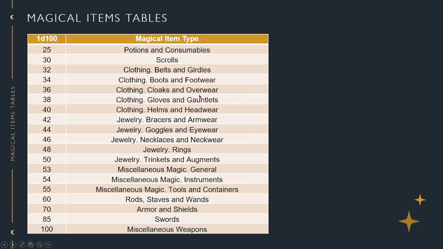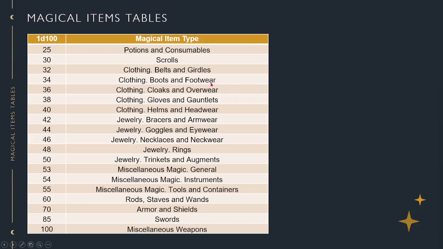And then all of this stuff here, clothing, jewelry, all the way down to miscellaneous magic, is pretty much all one thing. This is obviously your belts of strength, that sort of thing.